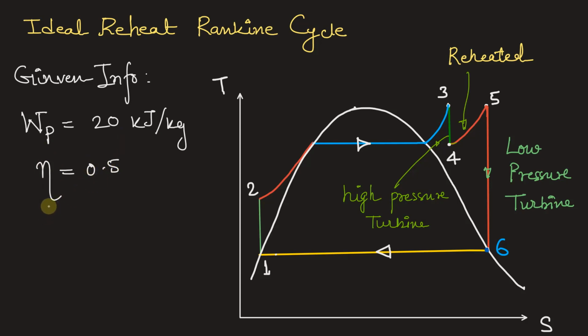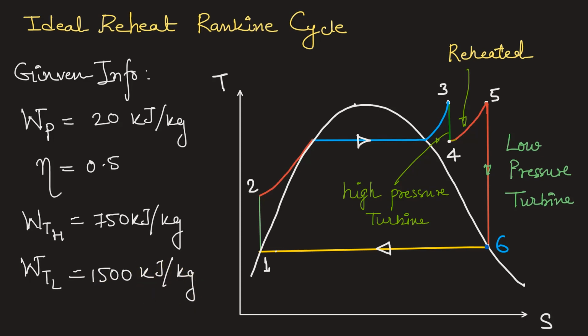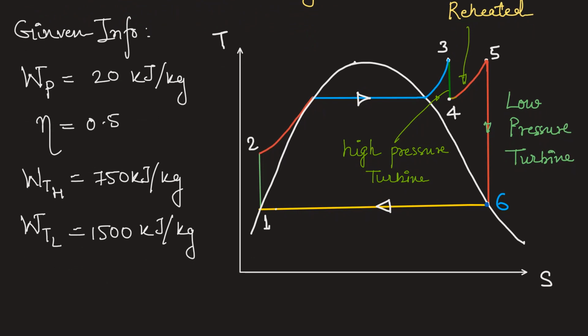The work done by the high pressure turbine, let's write WTH, is equal to 750 kilojoule per kilogram. Also the low pressure turbine work is given, so let's write WTL, that is here 5 to 6, 1500 kilojoule per kilogram.